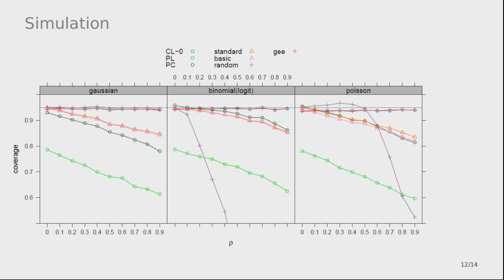But our clustered standard errors and even our GEE standard errors perform well for all cluster correlations, even in cases of high cluster correlation. And our standard errors from the random intercepts model perform well only for the Gaussian response, but do something else for the binomial and Poisson responses. We'll not go into detail here, but this has to do with the fact that a bias is introduced in the end.